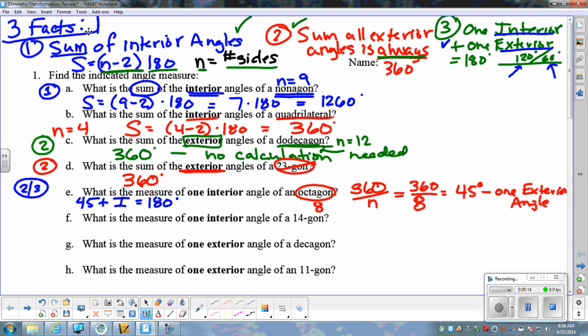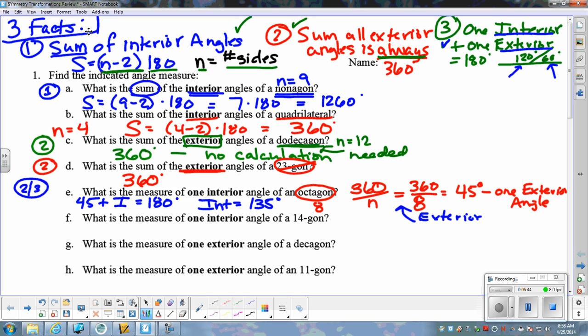So I can just subtract 45 from 180, and I get one interior angle equal to 135 degrees. Everything in part E revolves around the exterior angle. I used fact 2 and fact 3. I found the exterior first, and once I found the exterior, I found the interior by subtracting from 180.